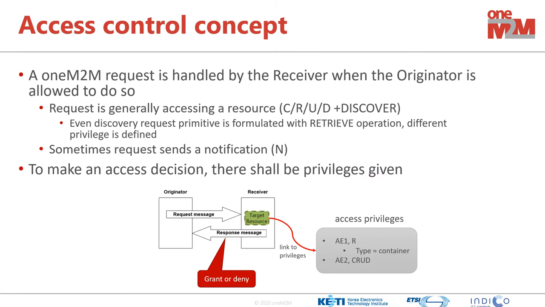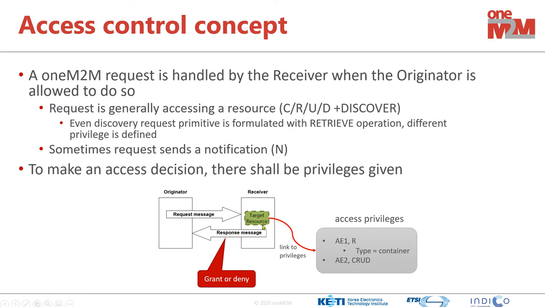So as a concept, access control in oneM2M is like this. I think you already saw a similar diagram during the overview of oneM2M. When an originator, for example a oneM2M application entity, sends a request to the receiver, which is the CSE, targeting a resource, then of course it will give the response back to the originator.